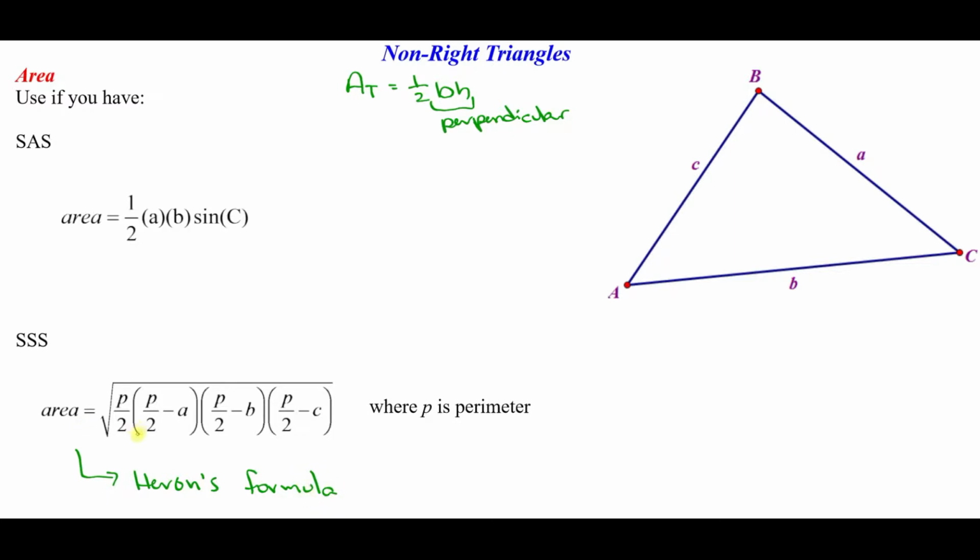So Heron's formula is just the square root of p over 2. P is the perimeter, so you're going to need to know that P stands for perimeter. And then we do that value minus the first side, minus the second side, minus the third side, and we take the product of all of that. So these are the two formulas that we can use depending upon what situations we have. So it's either two sides and the included angle or three sides.